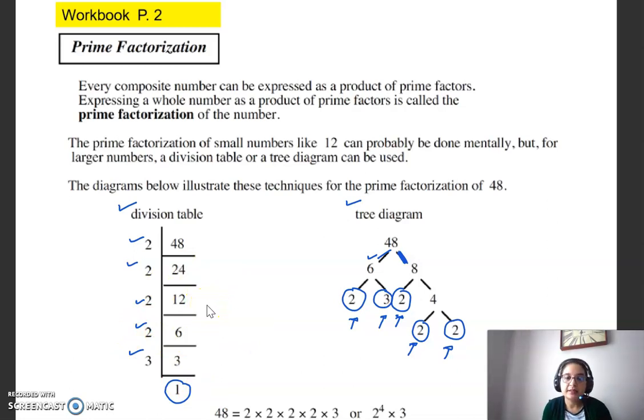We're going to take this method and apply it in today's lesson, which is going to be finding the greatest common factor between two numbers, or the lowest common multiple between the two numbers. Those are the two things that we're going to learn in today's lesson. And you can use either one of these methods or another method that you may know or are comfortable with.